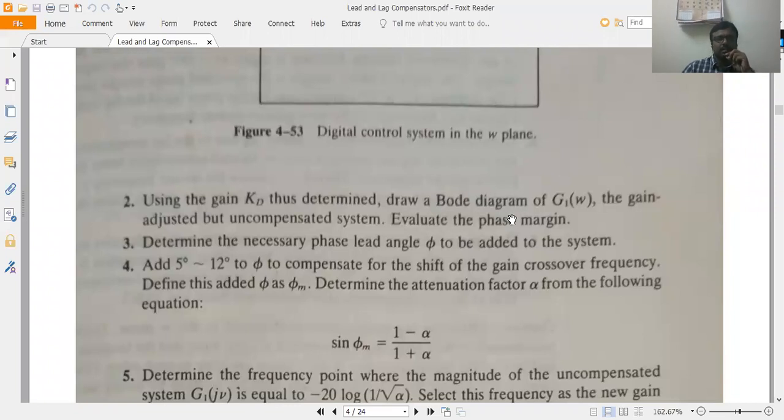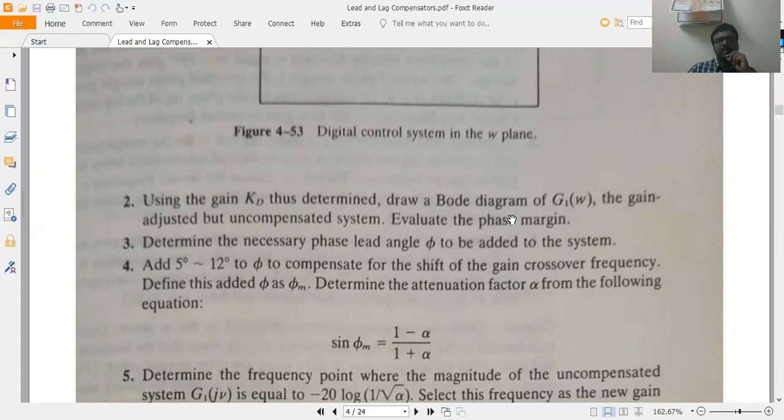That means after determination of the phase margin, we have to determine what sufficient angle has to be added to the system to make it a stable system. We have to determine that.